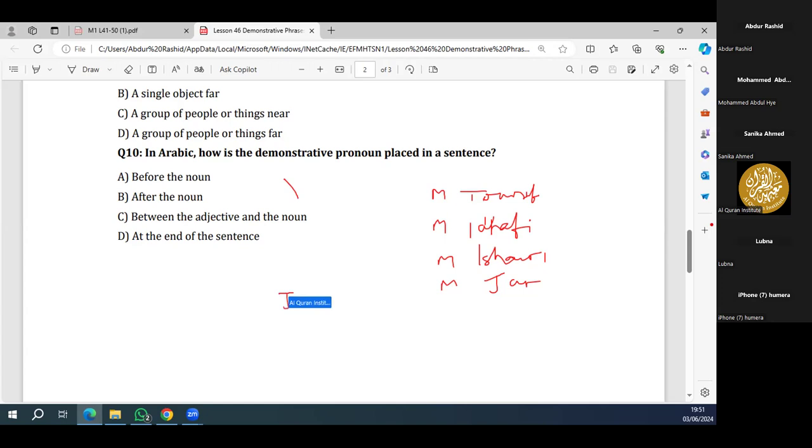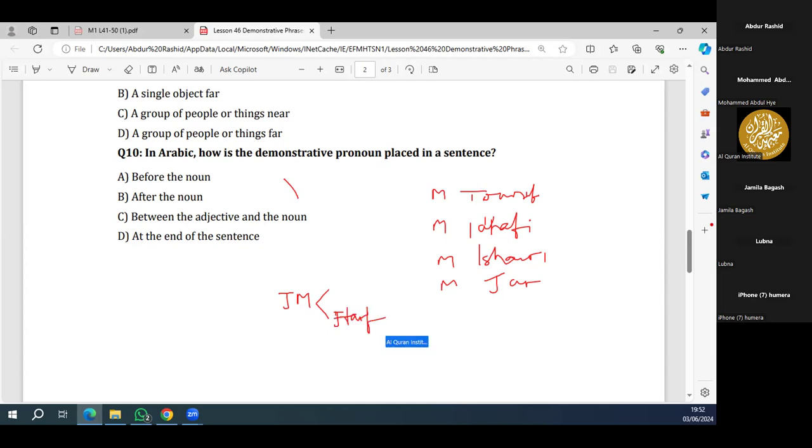So I'm telling you something a little in advance. Jar majroor, is it one type or two types? Two types. What is one? One is when it comes after a harf jar, it gives the following word a jar.